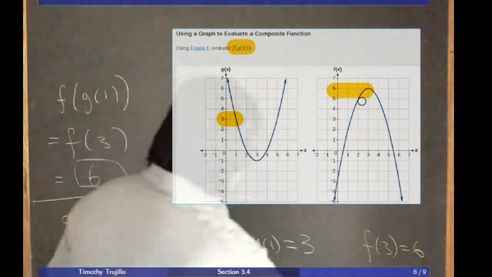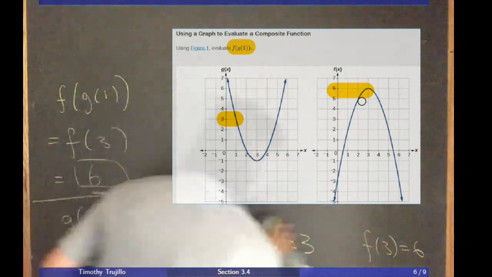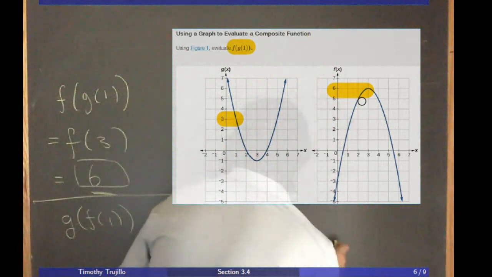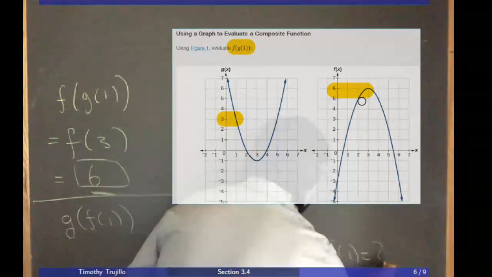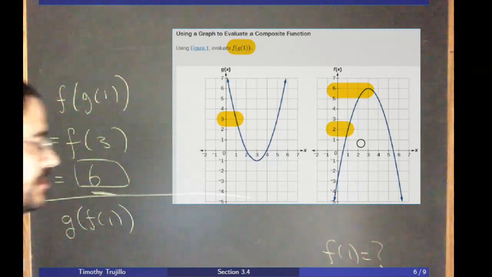Okay, so the first thing that we need to do in this one is compute f of 1. So what is f of 1? F of 1 is 2, right? So here's 1, boom, hits the graph there, and we track back over and we get 2. So f of 1 is 2.